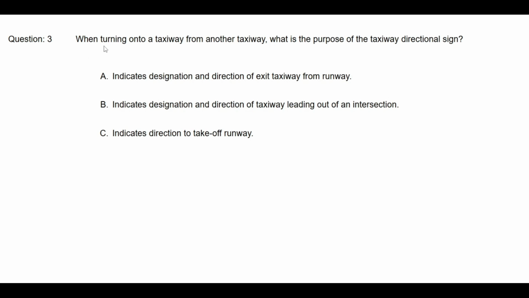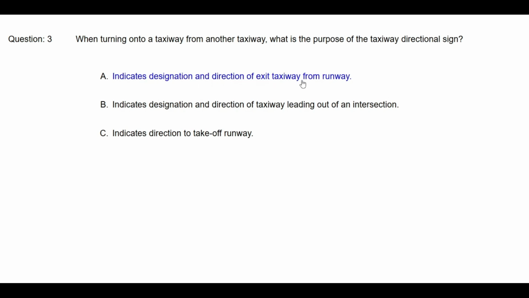When turning from one taxiway to another taxiway, what's the purpose of the taxiway directional sign? So when you're exiting a taxiway and entering a new taxiway, what is that sign and what's its purpose?